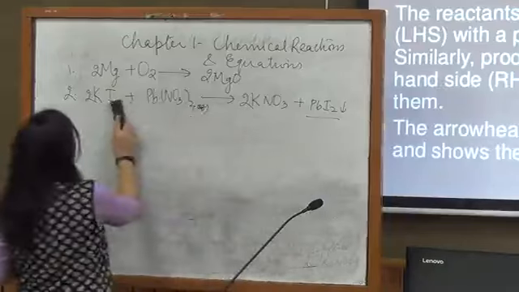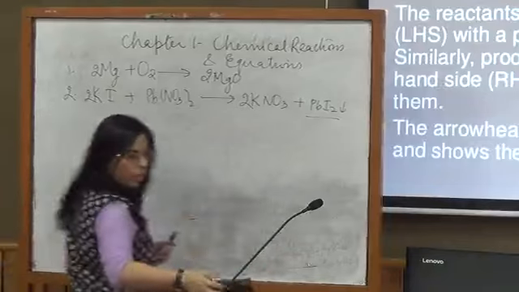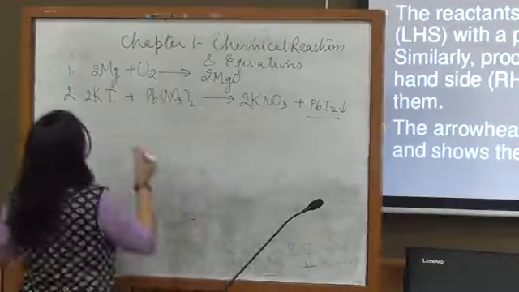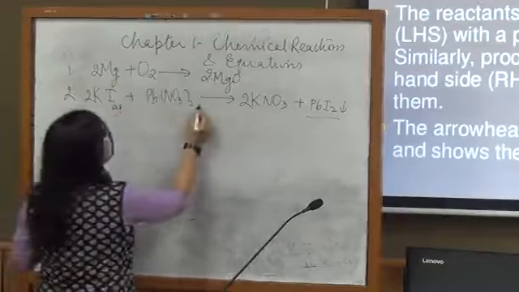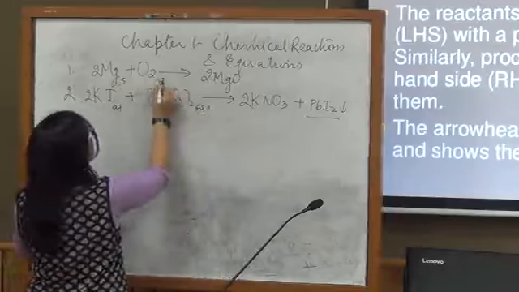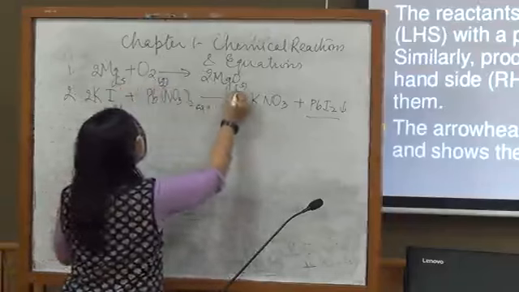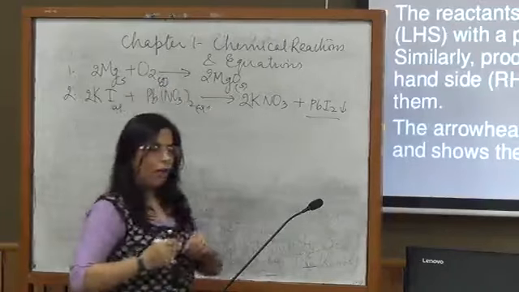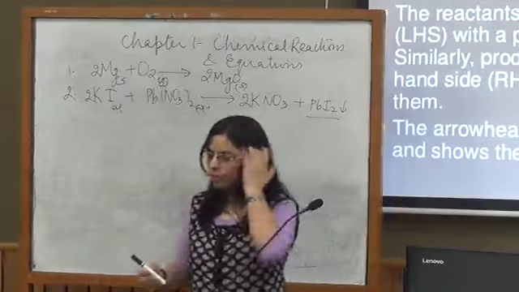I'll make a correction here. This was aqueous solution, and this was a solid here and this was a gas here. As a result we obtained a solid. We'll learn about how these notations are given.